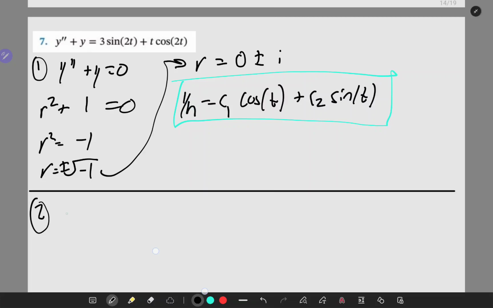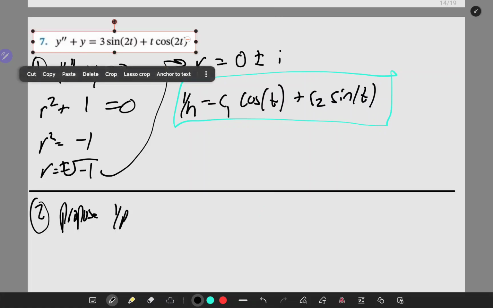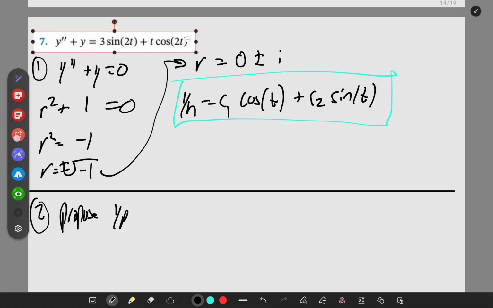Step 2, propose y sub p when our g of t is 3 sine of 2t. Let me just do this actually. It'd be a lot easier if I just pin it to the side so we can see it the entire time.